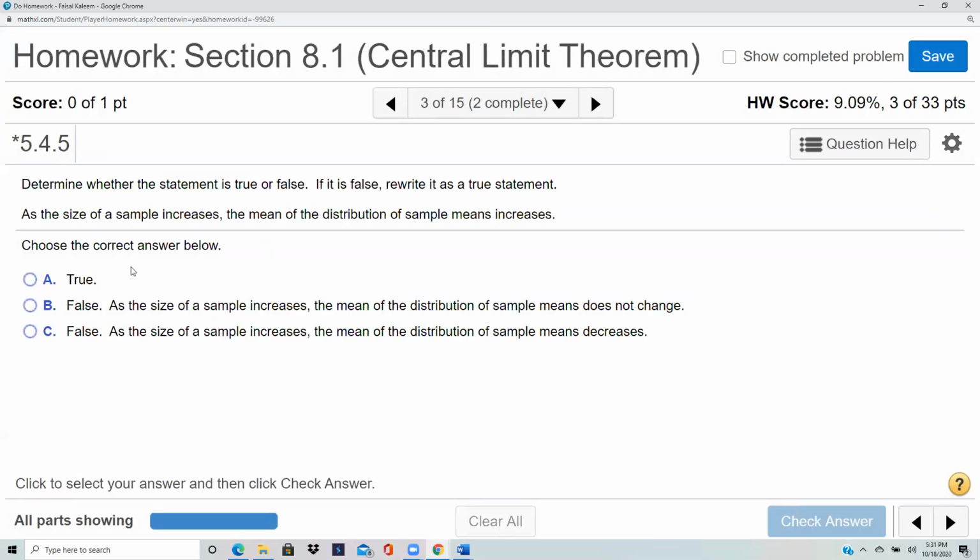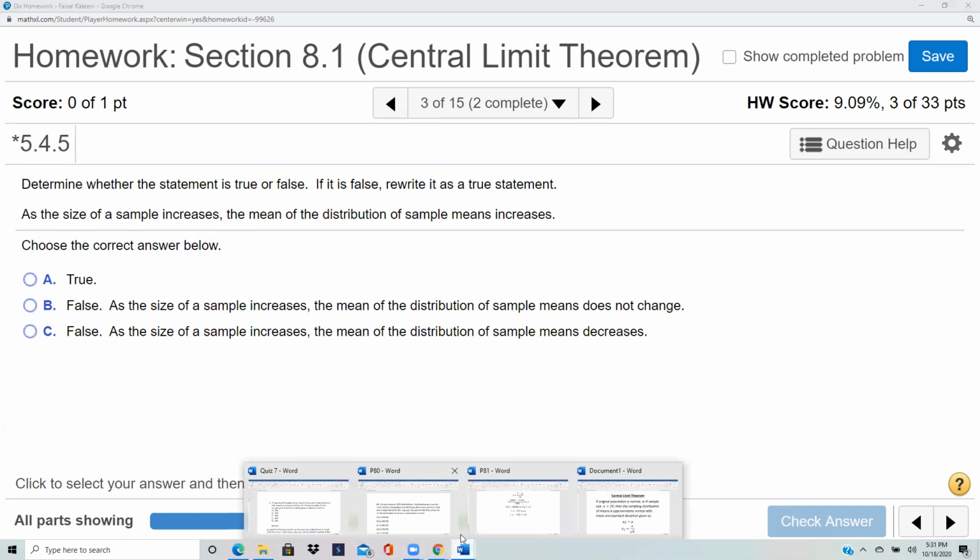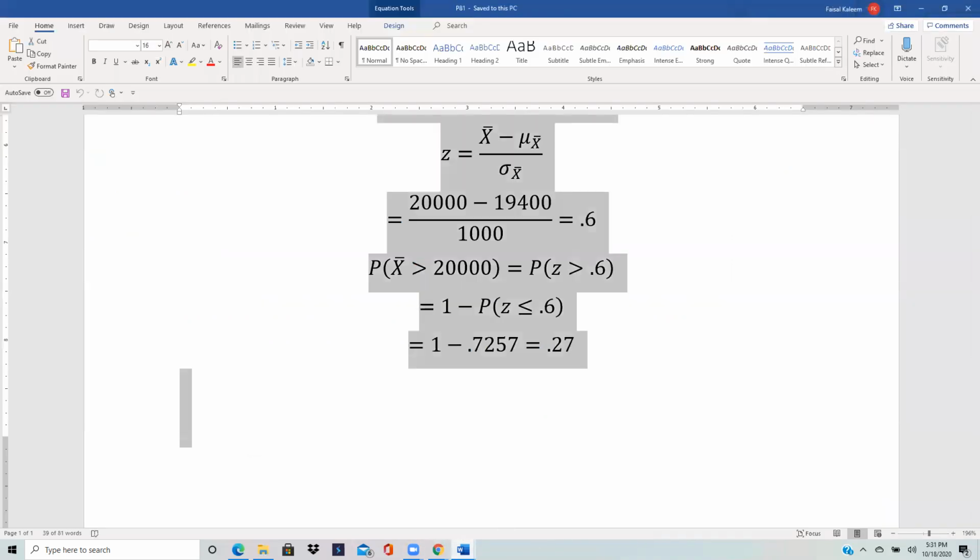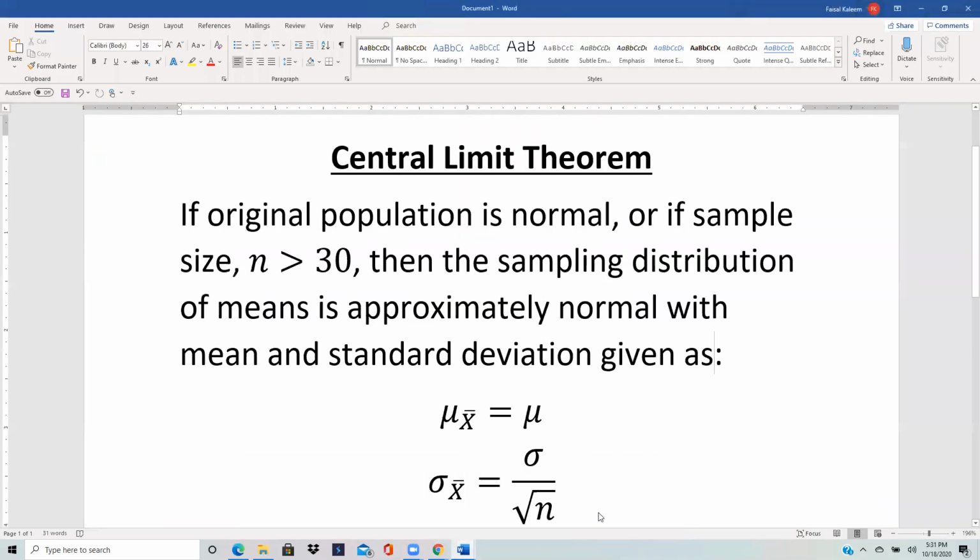True or false: as the size of the sample increases, the mean of the distribution of the sample mean increases. That's false, because we have seen that the mean of the sampling distribution is just the same as the original mean. So the mean of the sampling distribution does not depend on the sample size.